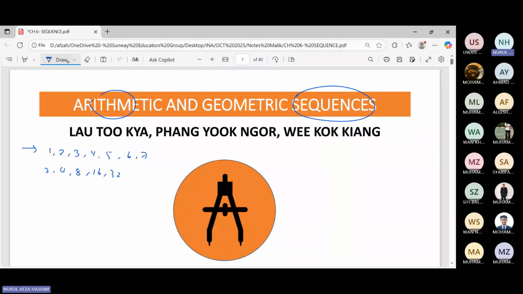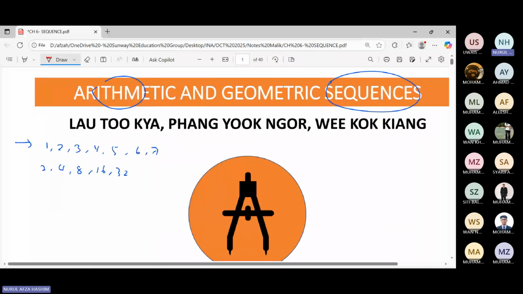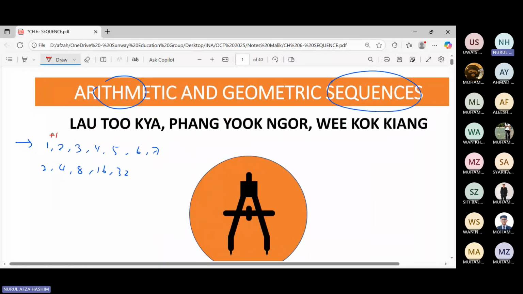What number do you add here? +1. So all the numbers you need to +1 to get the next number, until infinity, until they ask you to stop. Okay, until n. That's why we call it arithmetic, because you add the same difference.